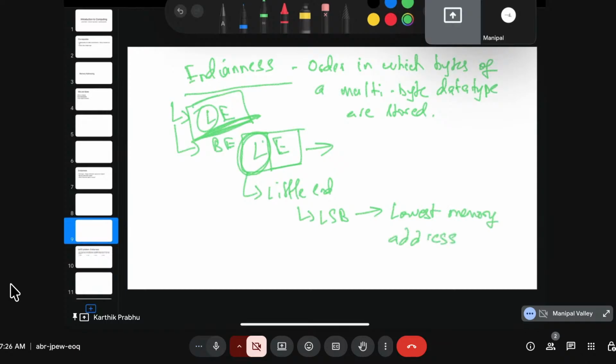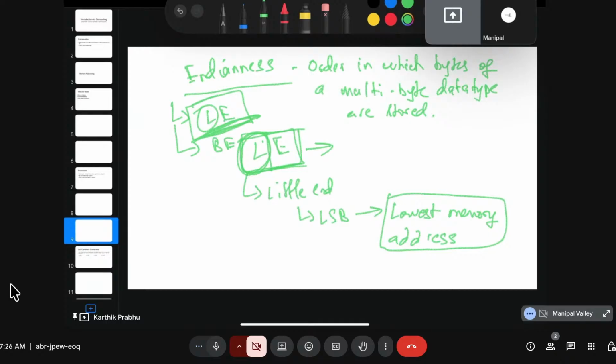So one way you can remember, which is how I also realized I made a mistake, is that little endian follows the normal convention. What do you think is the most basic or simplest idea?